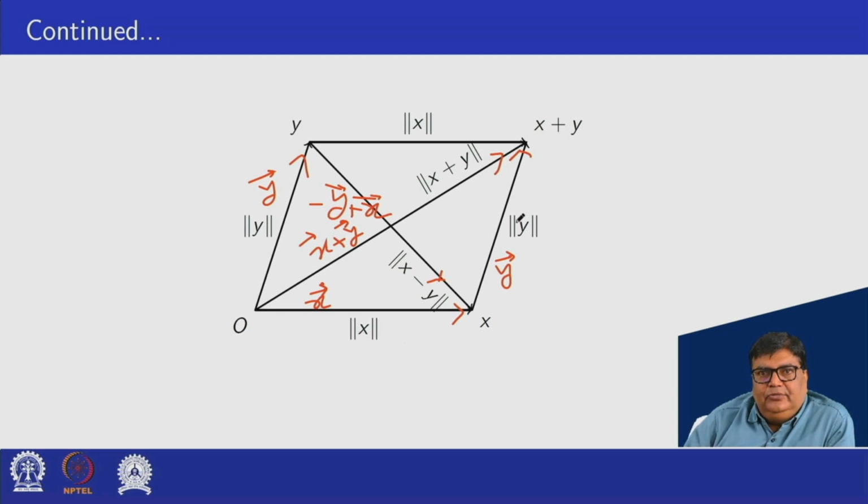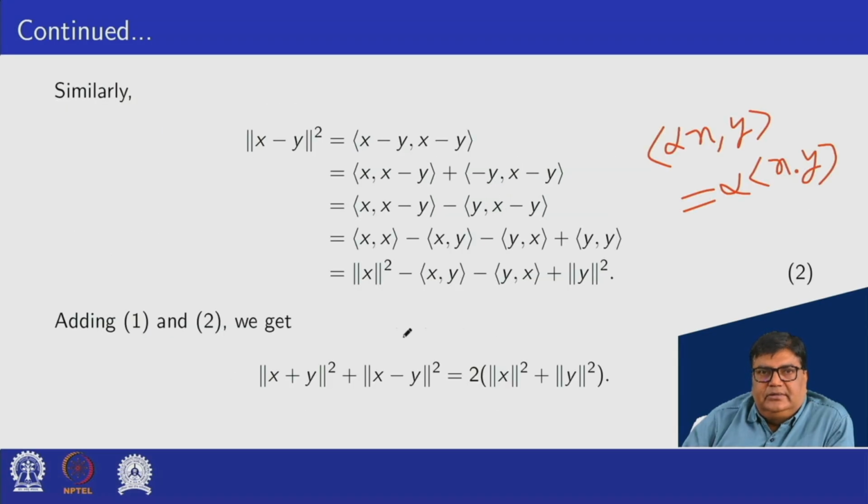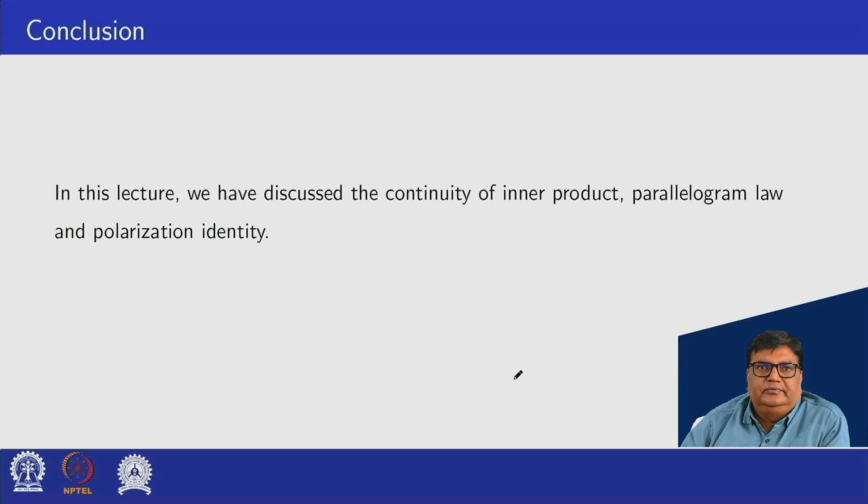We know the property of the parallelogram law: the sum of the squares of the diagonals equals the sum of the squares of its sides. That is, the square of the norm of x plus y is diagonal one, and the norm of x minus y is diagonal two. The sum of the squares of the diagonals equals the sum of the squares of the sides. Due to this reason, we call it the parallelogram law.